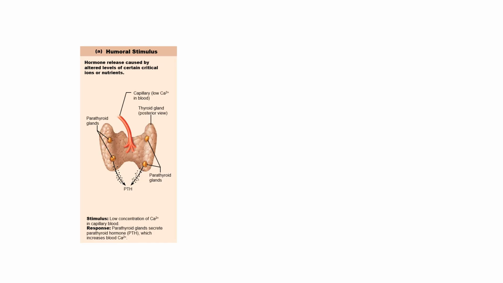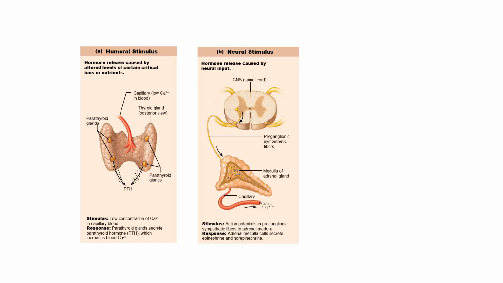Now, if blood calcium levels are too high, the thyroid gland can secrete calcitonin to lower blood calcium levels. And so it really just depends on the needs of the body and trying to keep the blood chemistry within normal parameters, within homeostasis. Okay.